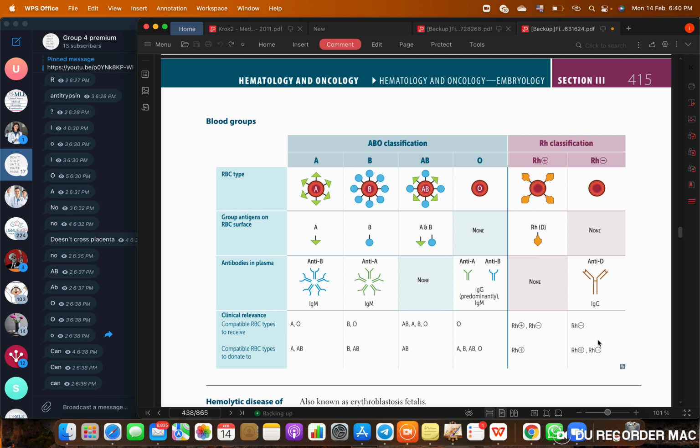So the worst type of blood to have in a patient, that basically this patient will not donate to anybody. Who is the type of patient who will not donate RBCs to anybody? Which patient with which blood group will not be able to donate for anybody? Excellent.